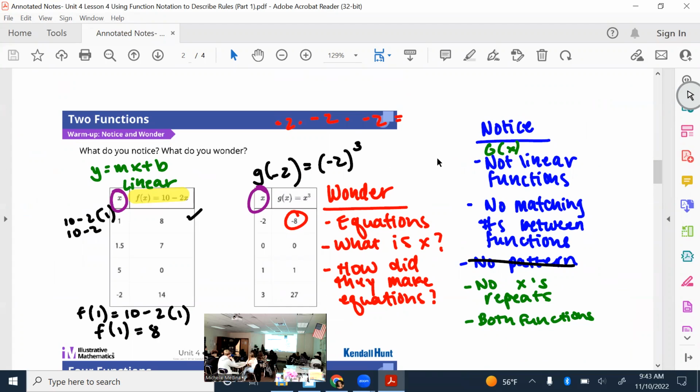So the first thing said that they noticed that these are not linear functions. And that was incorrect. Which one is a linear function, f of x or g of x? F of x. Not just because it already says linear on it, but linear is in what formula? y equals mx plus b. So if you have a number times a variable, that's usually your rate of change.